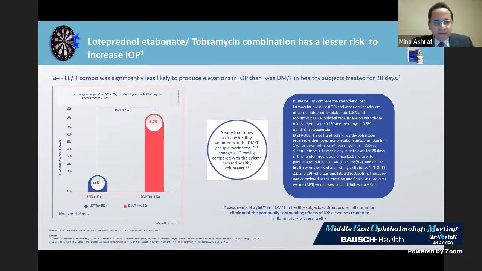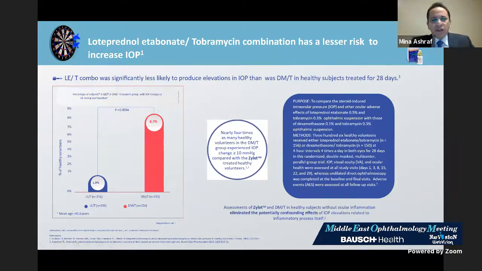And as we can see here, nearly 4 times as many healthy volunteers in the dexamethasone tobramycin group experienced IOP changes of more than 10 millimeters of mercury compared to Xylet-treated healthy volunteers over 28 days of treatment. The percentage of healthy volunteers achieving more than a 10 millimeters of mercury increase in IOP was 1.9% in the Xylet group compared to 8.7% in the dexamethasone tobramycin group.